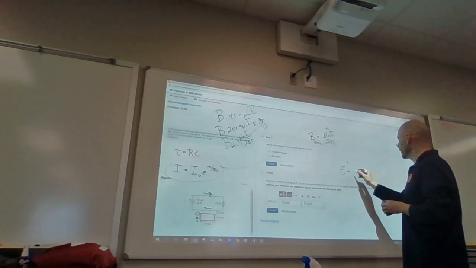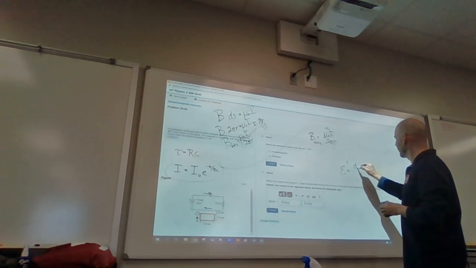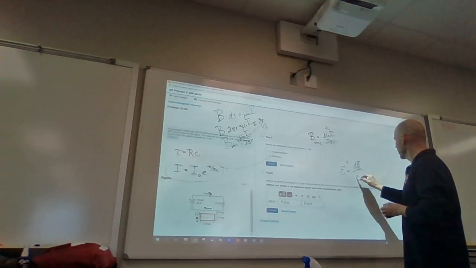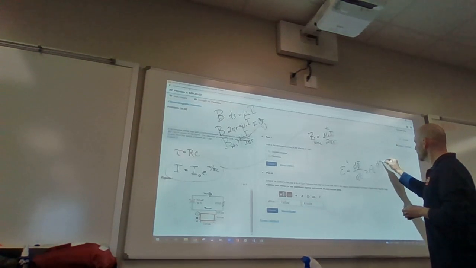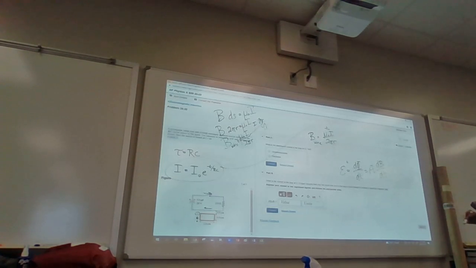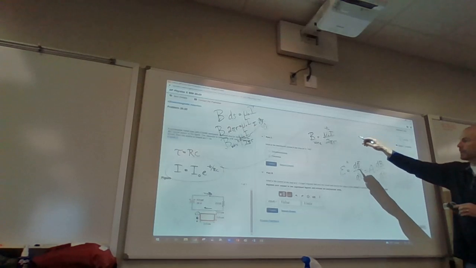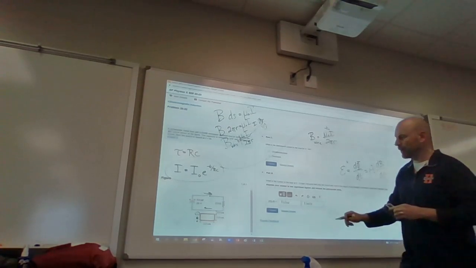I'm just going to go for voltage. So the area is fixed. So I need the time rate of change of the magnetic field. So I'm going to take the derivative so that I can find the area of this.